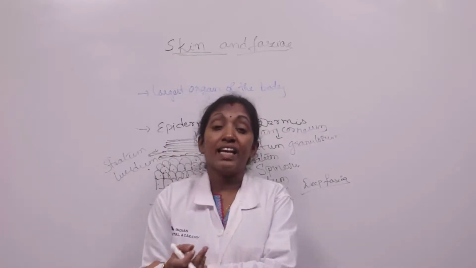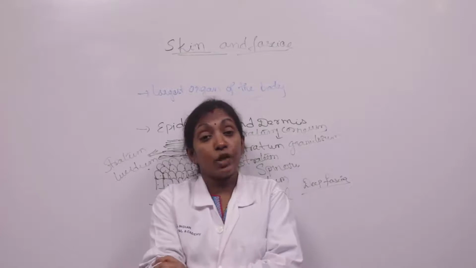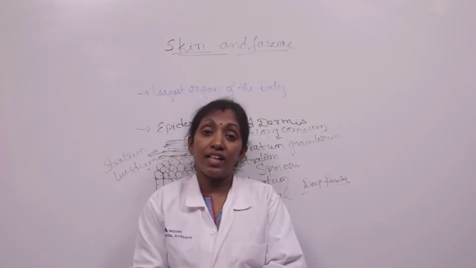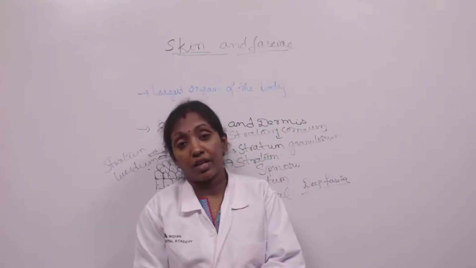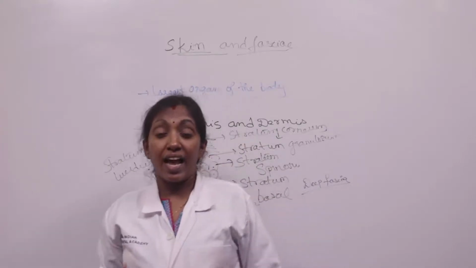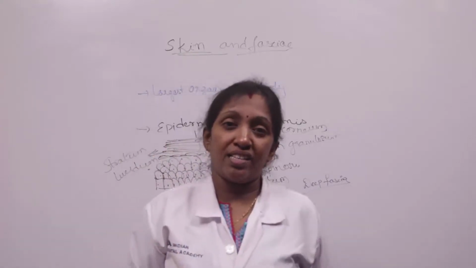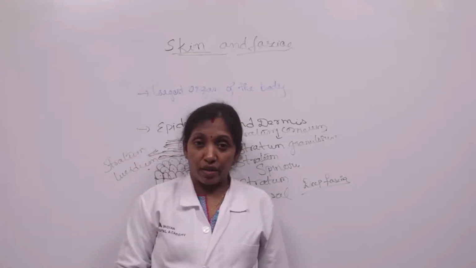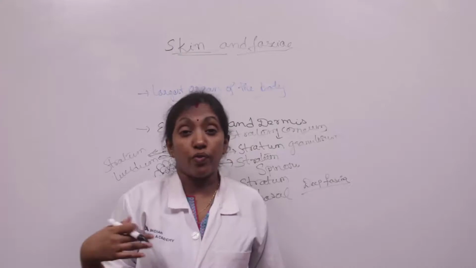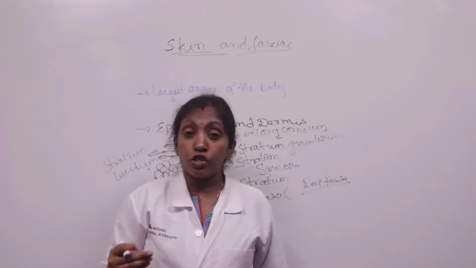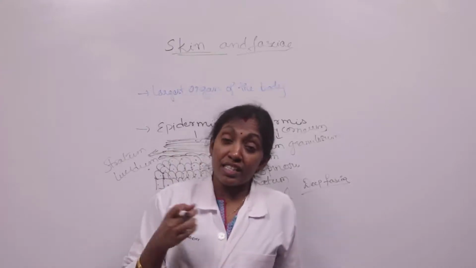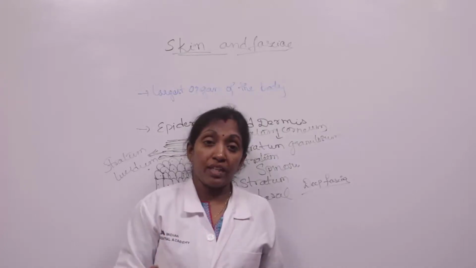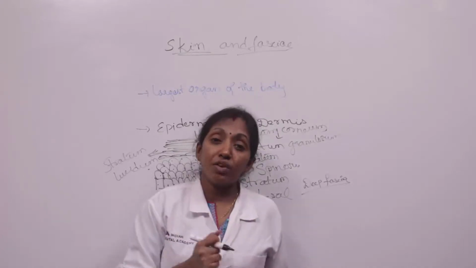Since it is a good absorber, skin absorbs the creams and oils we apply on it. Skin excretes waste materials through sweat, secretes sweat and oil, and synthesizes vitamin D. These are the various functions of the skin.